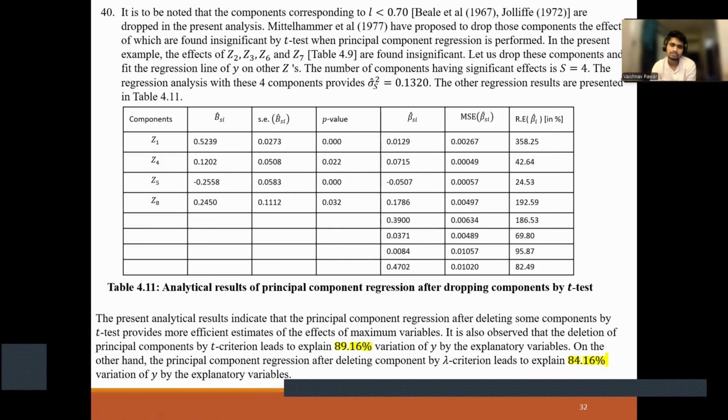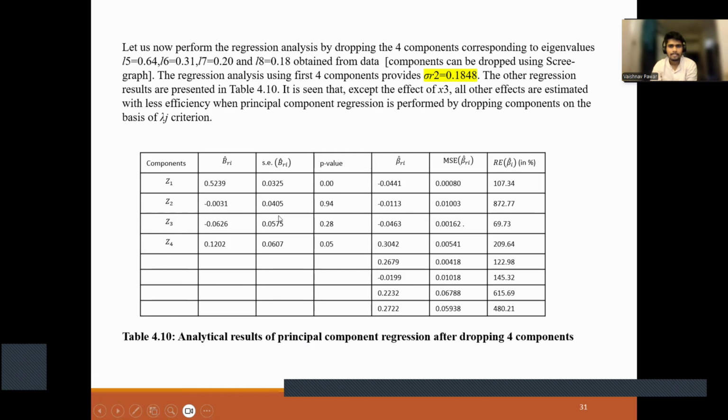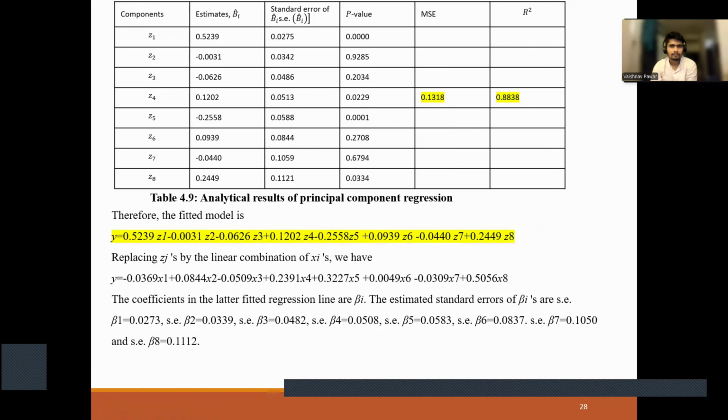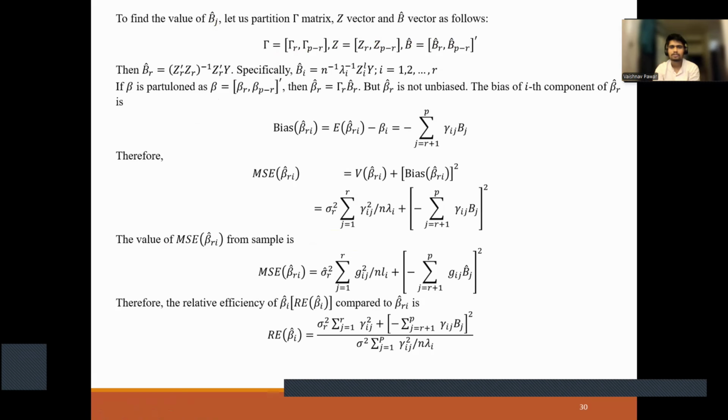And this is by the t-test. If the p-value is less than 0.05, then those components are significant. First component, fourth component, fifth component, and eighth component are selected using the p-value corresponding to the t-test.